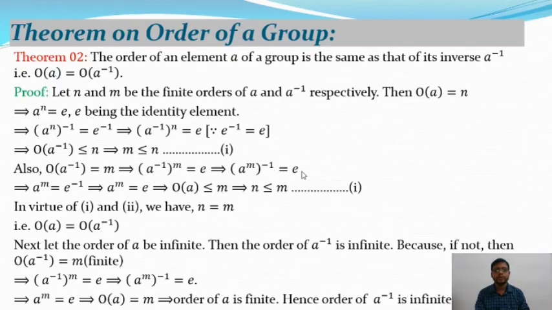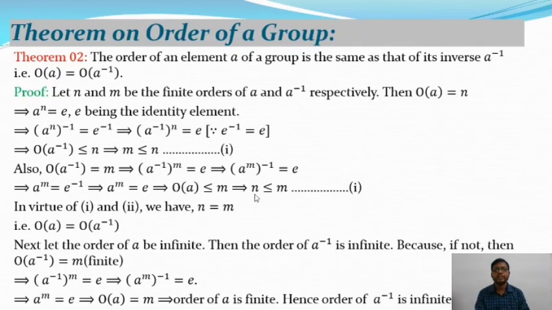Okay, so this relation implies a to the power m is equal to e inverse. Now taking inverse on both sides, we get a to the power m is equal to e inverse, and you know that e inverse is equal to e, since the inverse of an identity element is identity. So this equation implies a to the power m is equal to e. So therefore order of a is less than or equal to m.